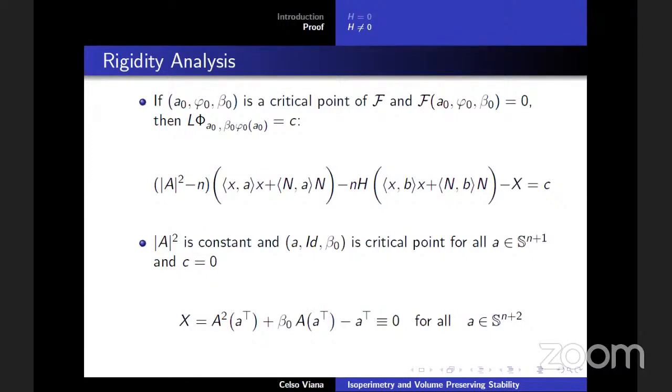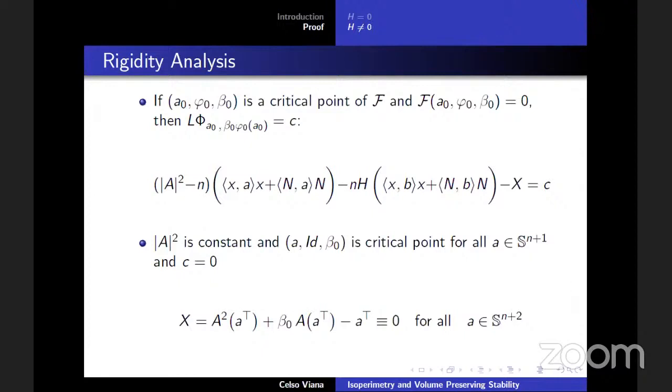You're going to check that it's constant, okay? And so if you have only one principal curvature, that corresponds to geodesic spheres, right? And if you have two principal curvatures, that corresponds to a product of two spheres, right? And the dimension of these spheres will depend on the multiplicity of these principal curvatures, okay?